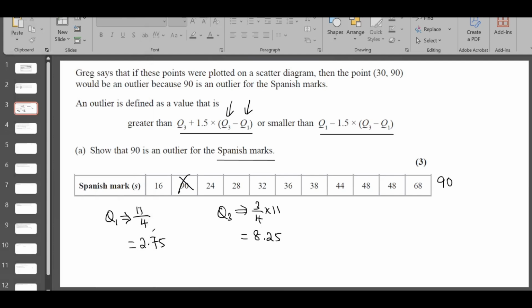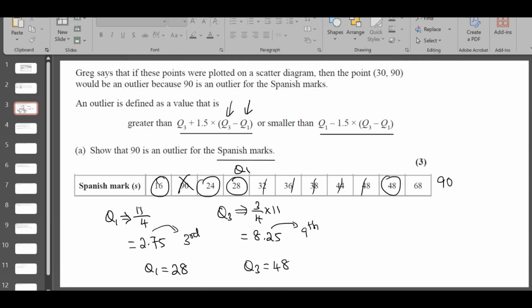If you get a decimal number, you take the next entry, third entry and ninth entry. So the third entry is Q1. Q1 is 28. And then the ninth entry is Q3. And then you find IQR, interquartile range, which is Q3 minus Q1, which is 20.